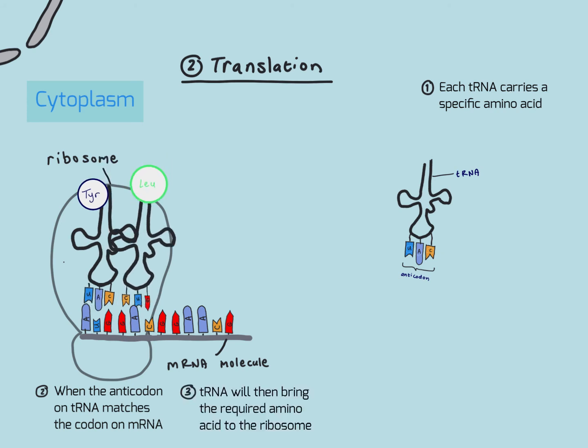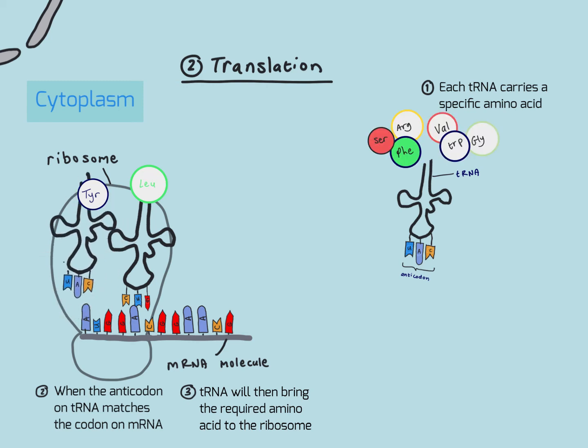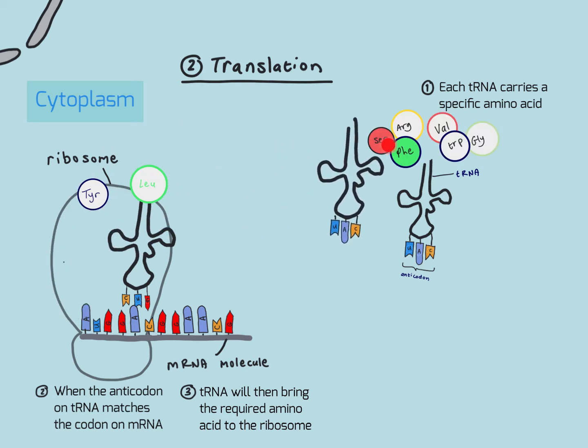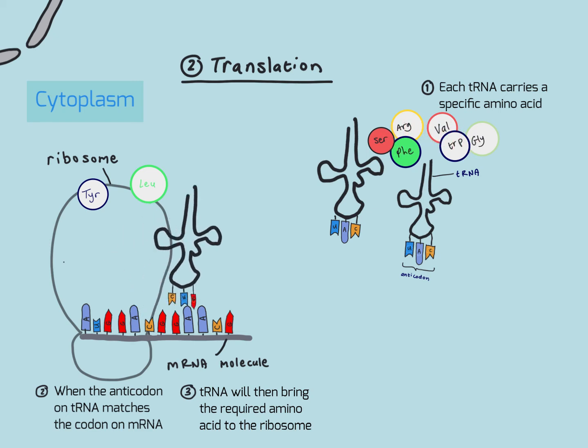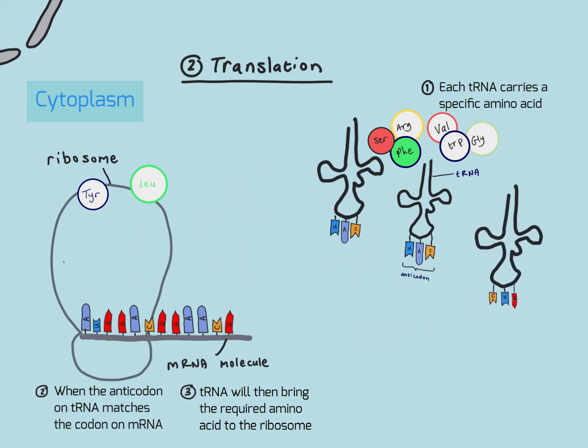Once the tRNA has dropped off its required amino acid, that tRNA molecule will leave the ribosome and go back to the pool of amino acids that sit in the cytoplasm. So if they are required to bring another tyrosine or another leucine, then they can do so. Now these amino acids will grow in a chain, forming what we call peptide bonds.